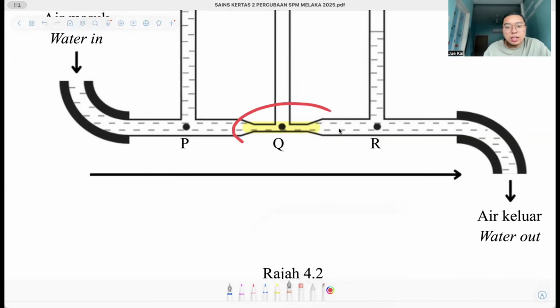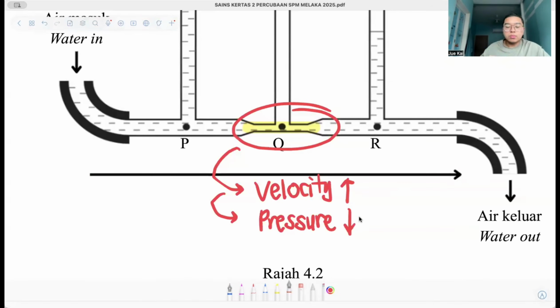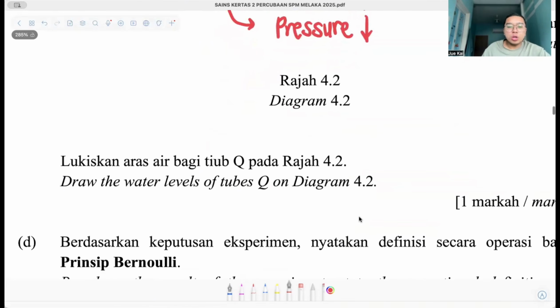So this thing, obviously, velocity is high. Velocity is high, pressure is low.